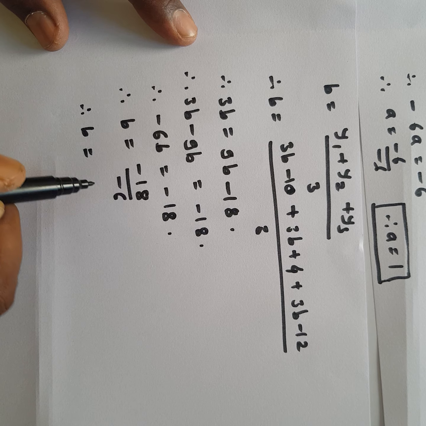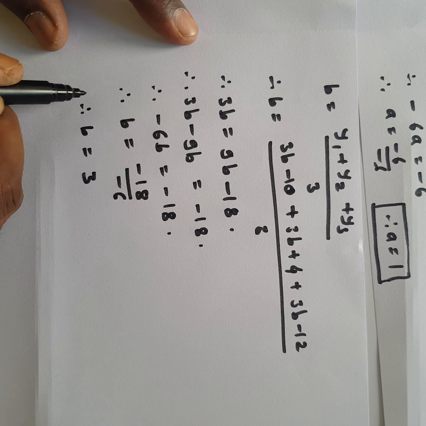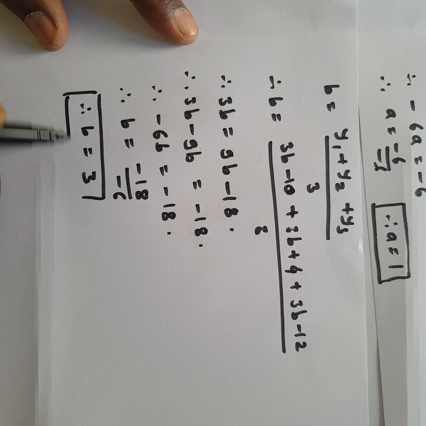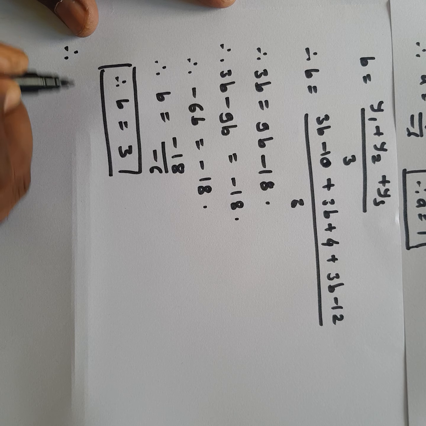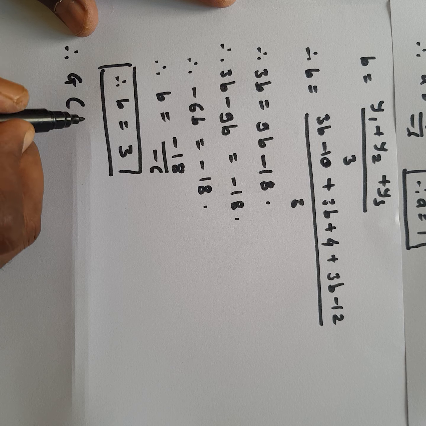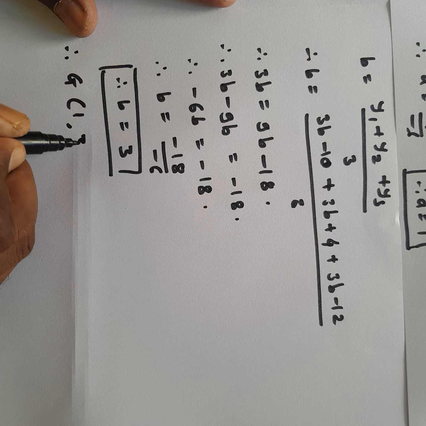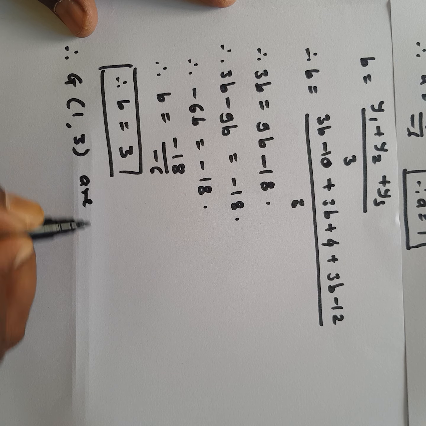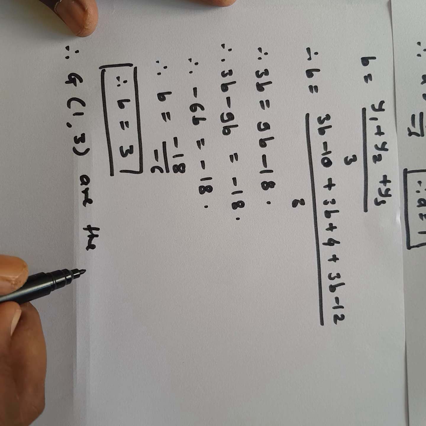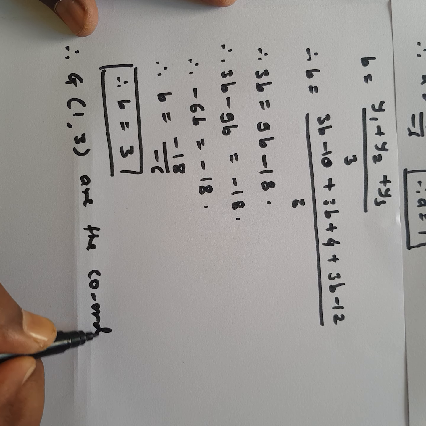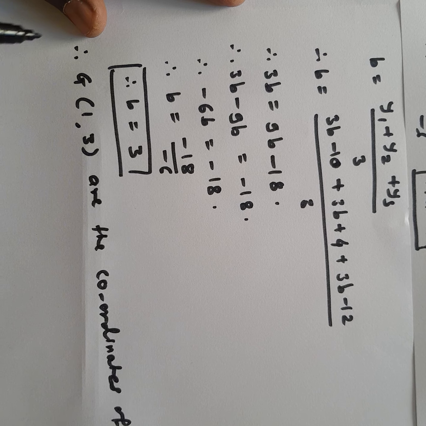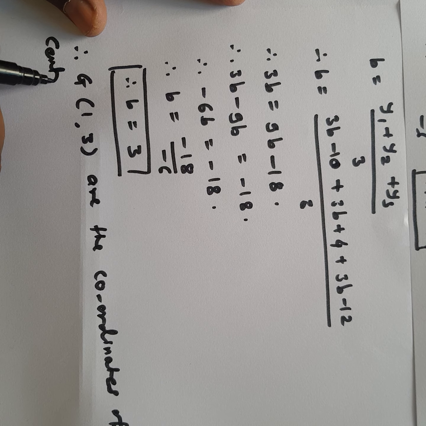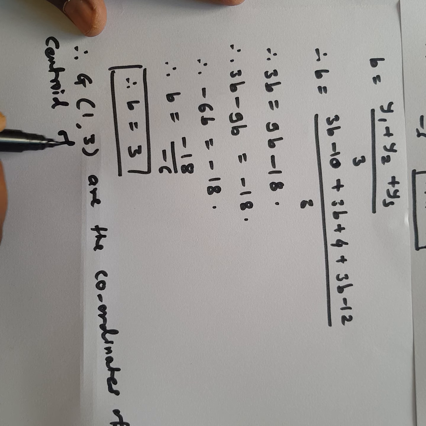Therefore b is equal to 3. We have found a and b. Therefore G (1, 3) are the coordinates of the centroid of the given triangle.